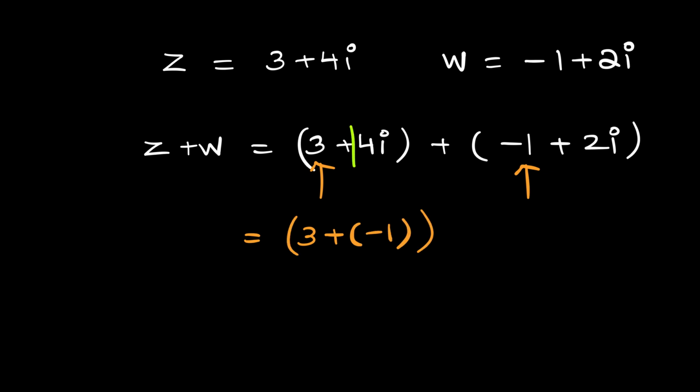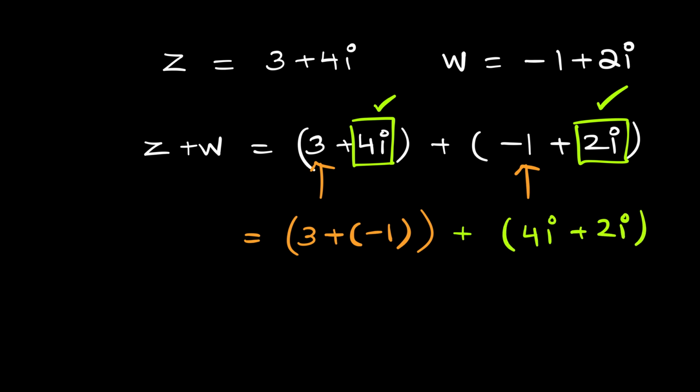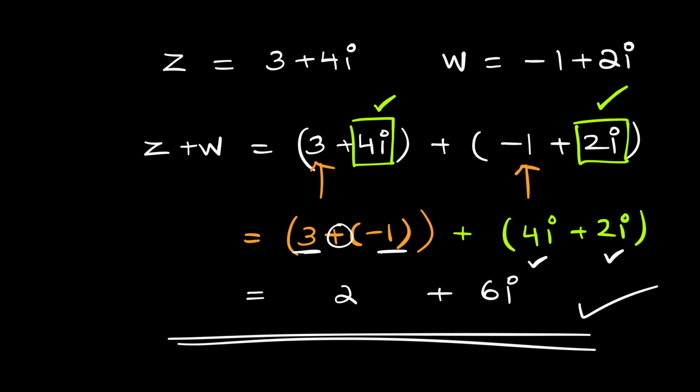Similarly, we will add the imaginary part of z to the imaginary part of w, so plus sign in the middle, 4i plus 2i. So overall, the answer comes out to be 3 plus negative 1, this is 2, and 4 plus 2 is 6i. So when we add two complex numbers, what we get is another complex number.